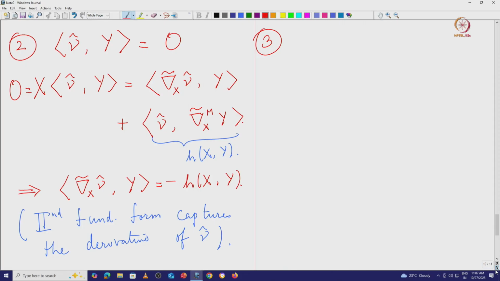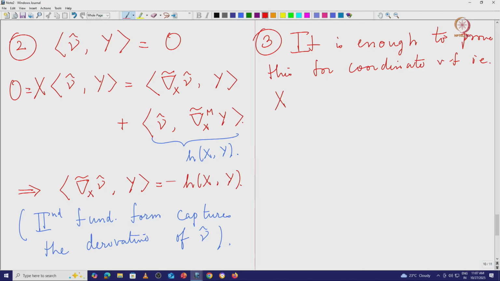Gauss-Codazzi equation. So, because this happens at a point, it is enough to prove this for coordinate vector fields, i.e. I can always assume that x is given by del i, y is given by some del j, z is given by some del k, and w is given by some del l, right, because every other vector is a linear combination of these, and then I could just use multilinearity.